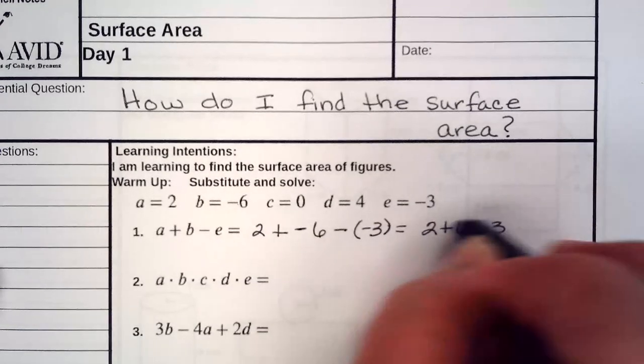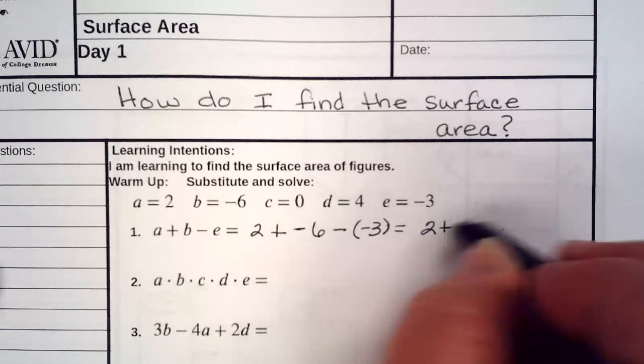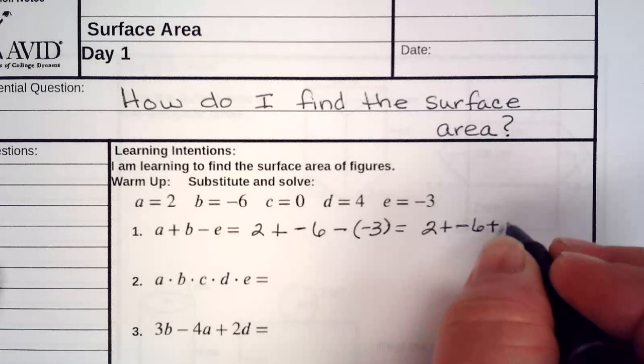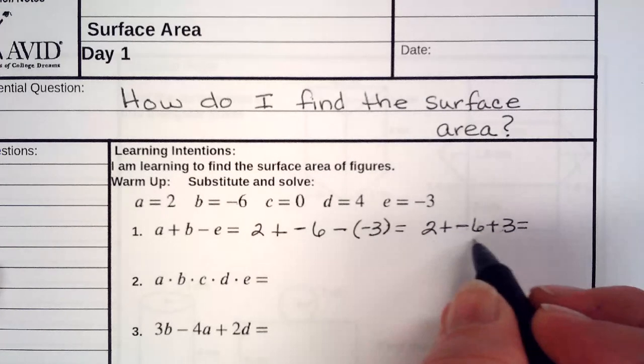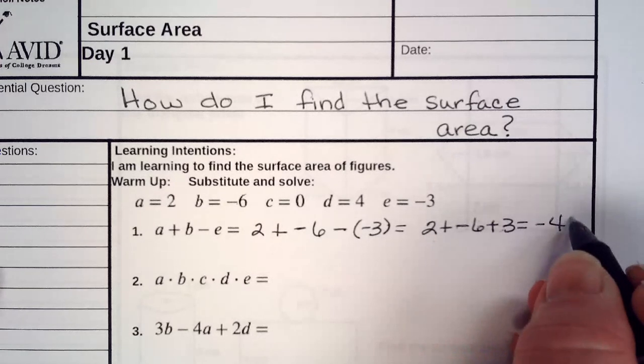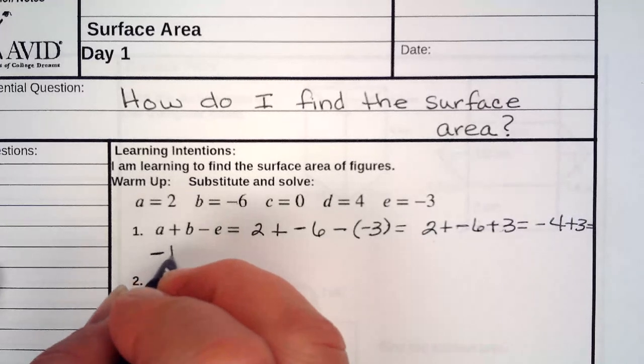I forgot the negative sign there, didn't I? Two plus negative 6 is negative 4, plus 3, and you end up with negative 1.